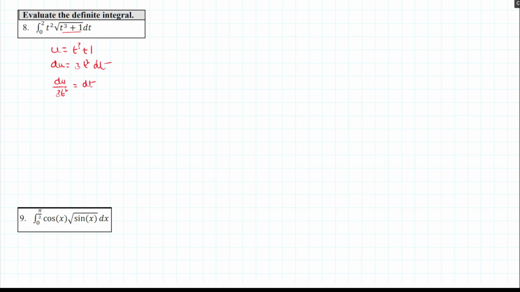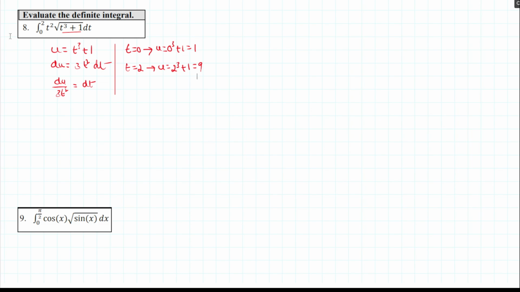Okay, also we have the limits. When t equals 0, u equals t cube plus 1, that is 0 cube plus 1, which is 1, and when t equals 2, then u equals 2 cube plus 1, which is 8 plus 1, 9. So the limits are 1 to 9.